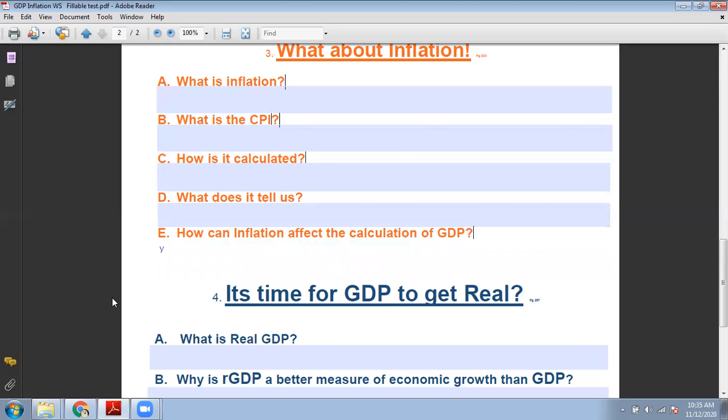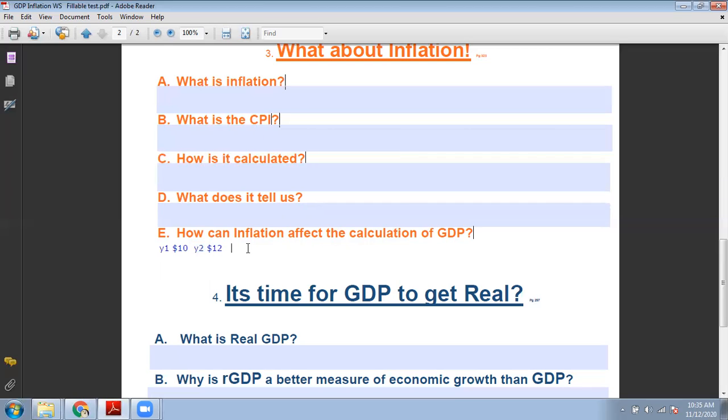If in year one, a pizza is $10, but in year two, the pizza is, let's say, $12, well, think about it. Did the pizza become more valuable in year one, year two? The answer should be a hard no. Pizza is still a pizza. But if there's inflation, a pizza would count more for GDP. And this gives us a big problem.